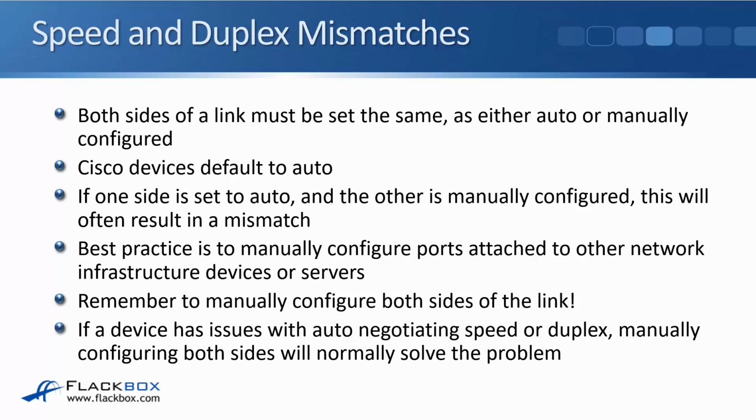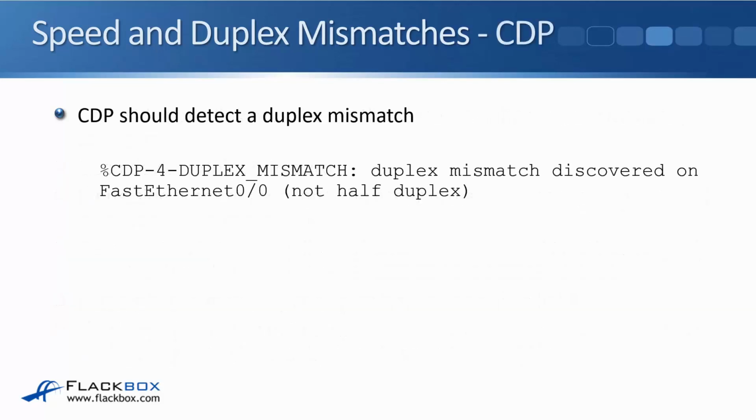If a device has issues with auto-negotiating speed or duplex, then manually configuring both sides will normally solve that problem. If you do have a duplex mismatch, then CDP, the Cisco Discovery Protocol, should detect that and it will log it like you see in the example here. We've got a duplex mismatch discovered on FastEthernet 0/0, not half duplex.